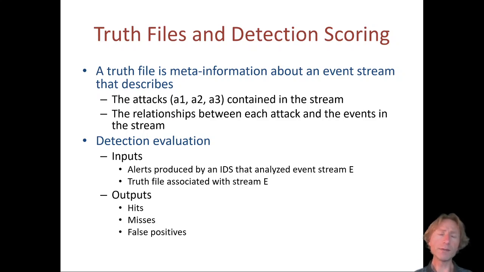But then we can evaluate our detection system and look at the alerts that are produced by an IDS and the truth file that corresponds to that event stream, and then see how well the IDS did compared to the truth file. It will output things like the number of hits, so the true positives, the number of misses, and the number of false positives.